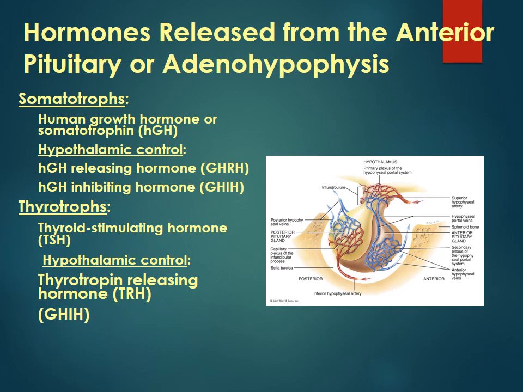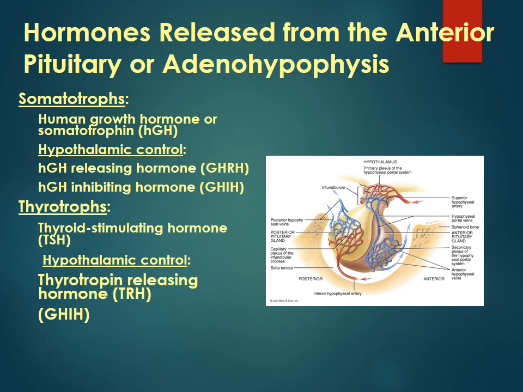The hormones released from the anterior pituitary or adenohypophysis: somatotrophs, human growth hormone or somatotropin, it's GH. Hypothalamic control, we have the HGH releasing hormone, GHRH, and GH inhibiting hormone, the GHIH. Thyrotrophs or thyroid stimulating hormone, TSH.